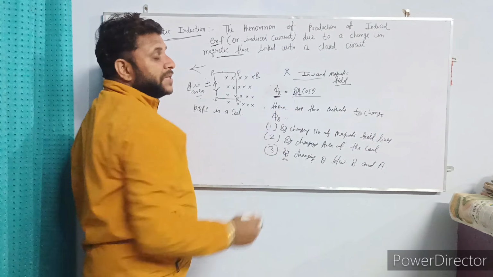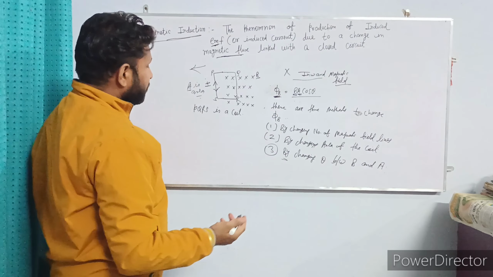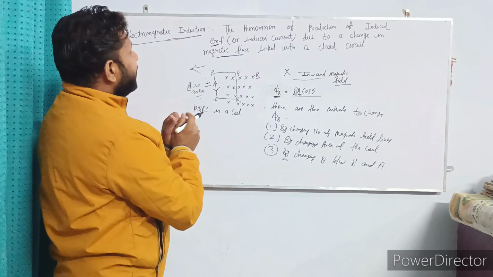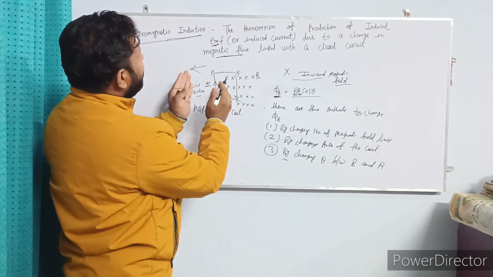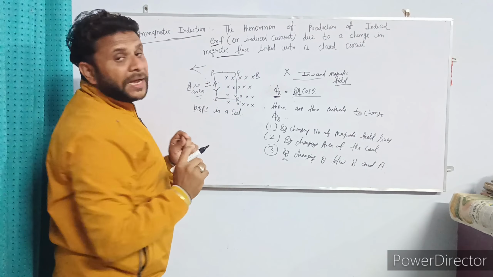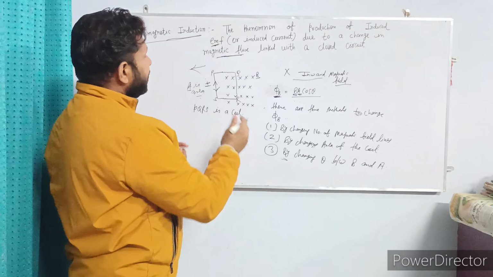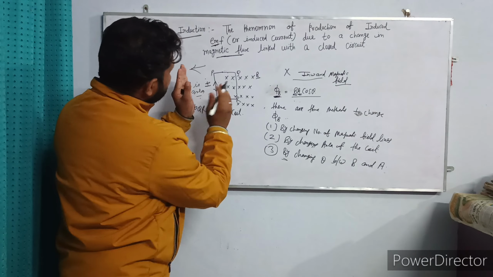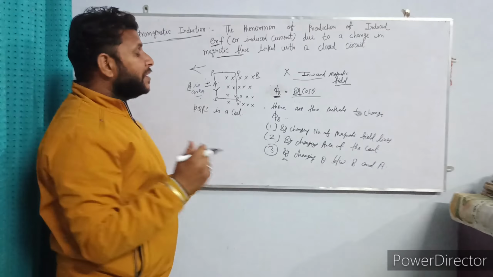If A changes, then magnetic flux changes. Suppose the angle between B and A changes, if we rotate the PQRS coil this side, so the angle between B and A changes. If we rotate the PQRS coil, then theta will change.